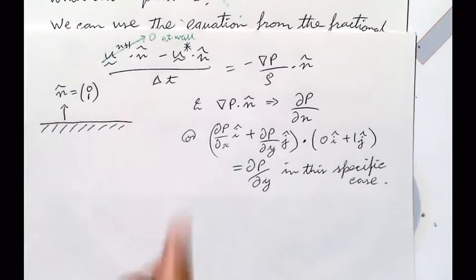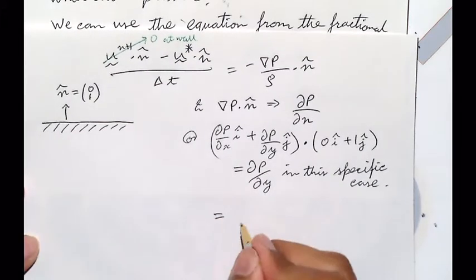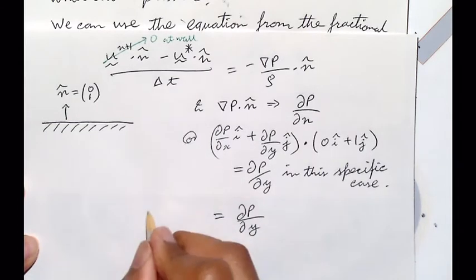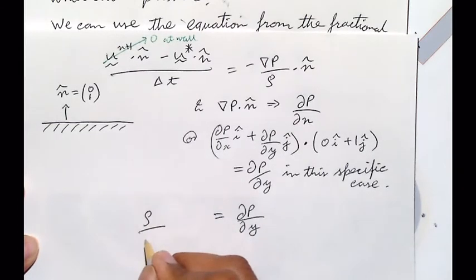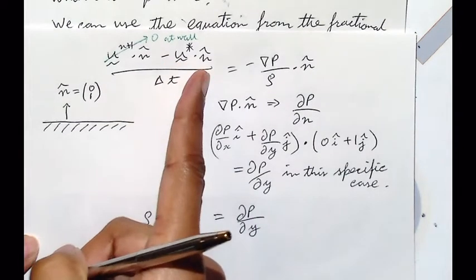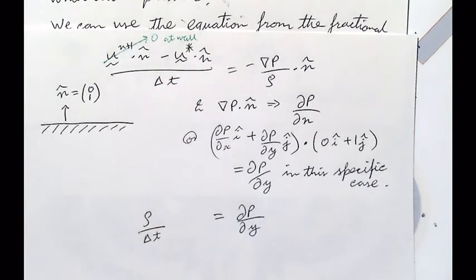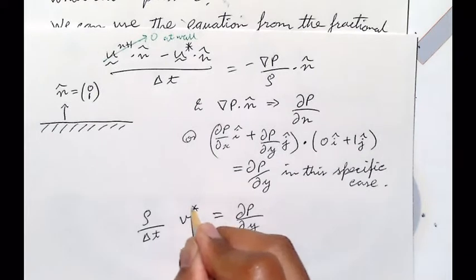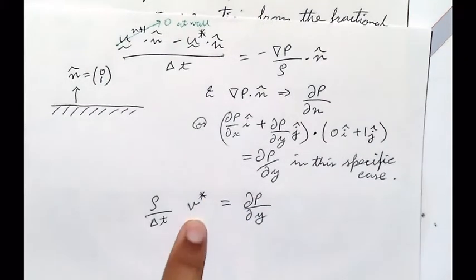Okay, fine. So let's see. What do we get? dp by dy is rho over delta t, and u star dot n hat will be V star. This is u vector star and this is the component.